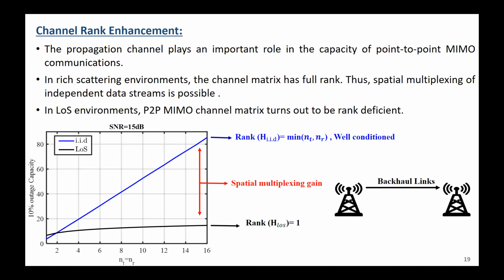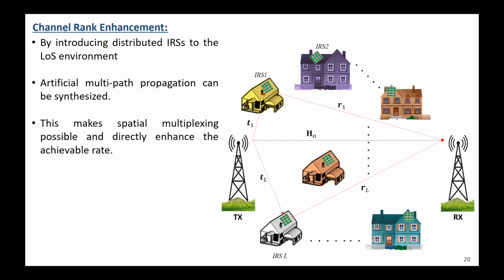So at this moment, you lose this spatial multiplexing gain, and the benefits of a point-to-point MIMO system become merely an array gain. So in order to restore the spatial multiplexing gain in a line of sight environment, you can deploy distributed intelligent reflecting surfaces and change your environment from line of sight into an artificial multipath propagation environment.